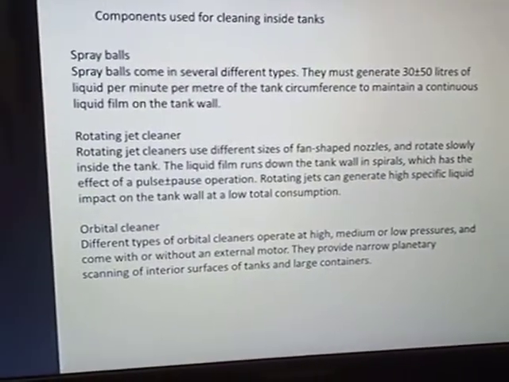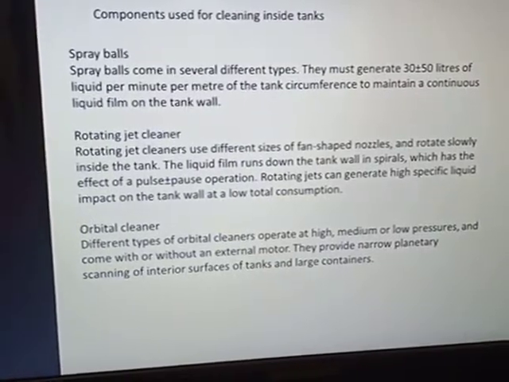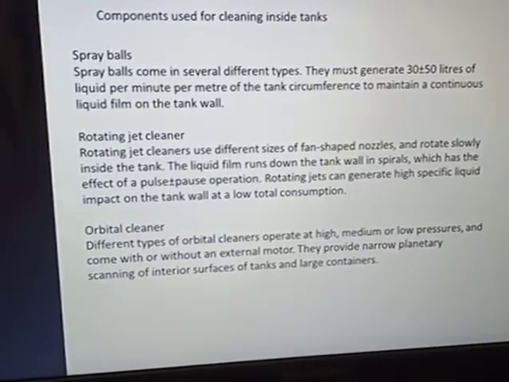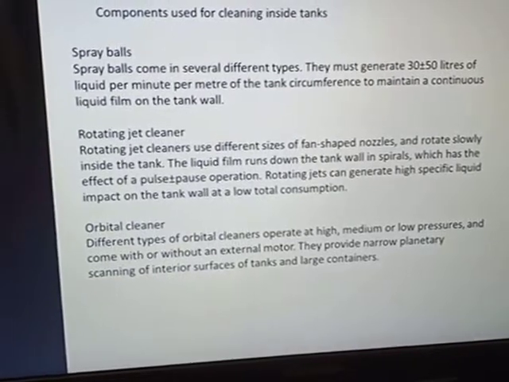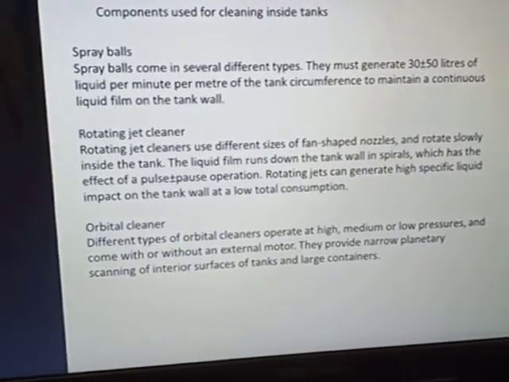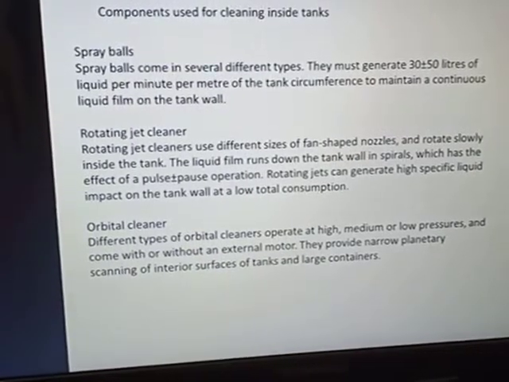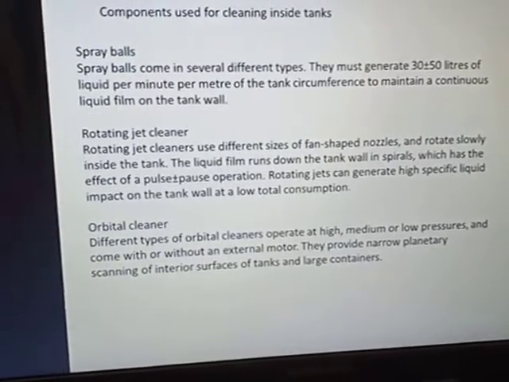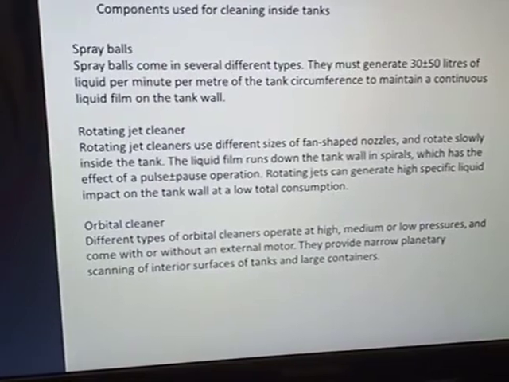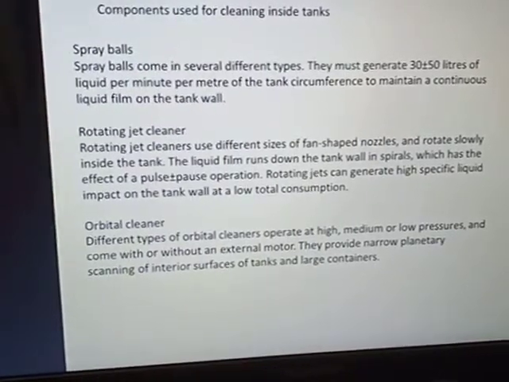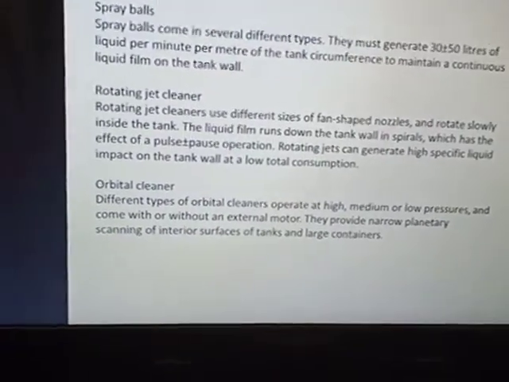Orbiter cleaner, different types of orbiter cleaners operate at high, medium or low pressures and come with or without an external motor. Sometimes you can just use gravity. They provide narrow planetary scanning of interior surfaces of tanks and large containers.